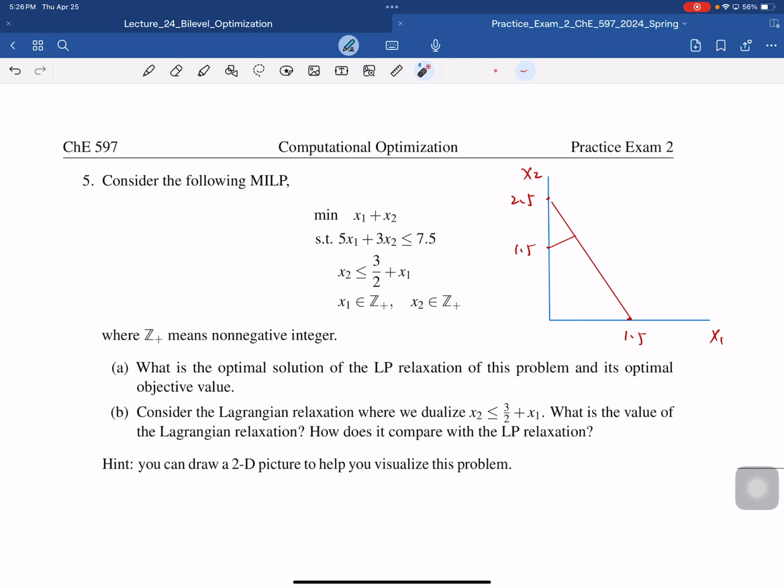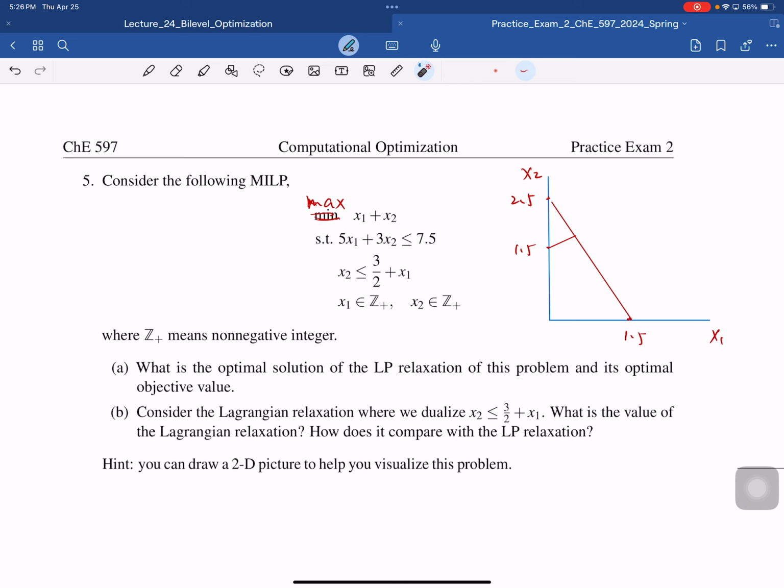The LP optimum is always obtained at an extreme point. The objective was to minimize x1 plus x2, but that is too trivial, so let's change this problem a little bit and maximize x1 plus x2 here.